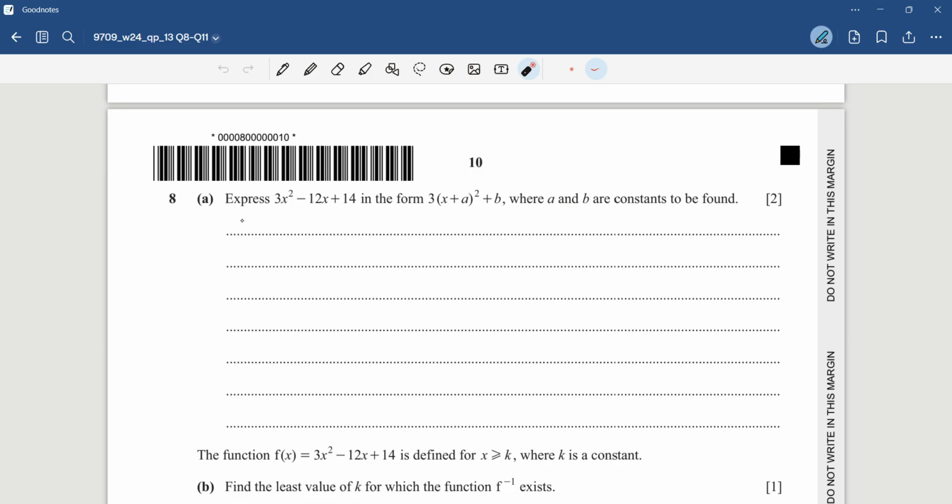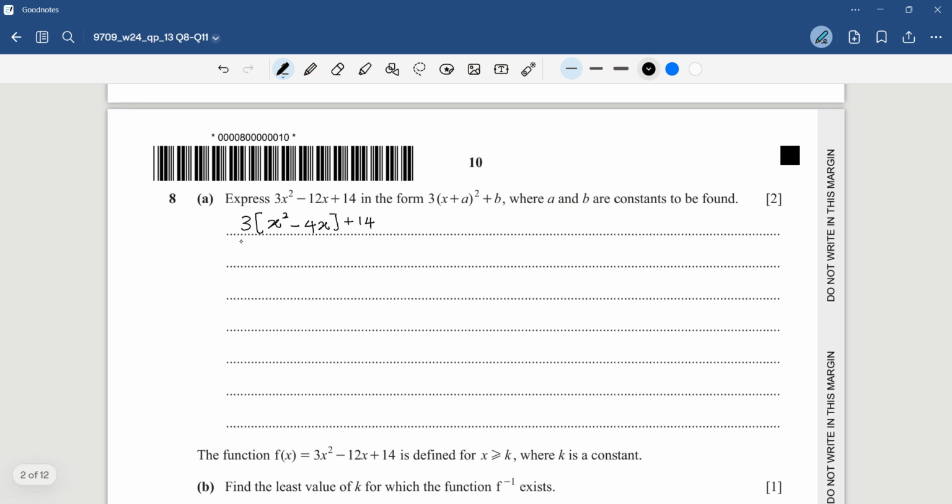To do the completing the square method, first we make the a as 1, so we factorize the 3 outside. So 3 x squared minus 4x. I only factorize for a and b only; for c, I don't do that.